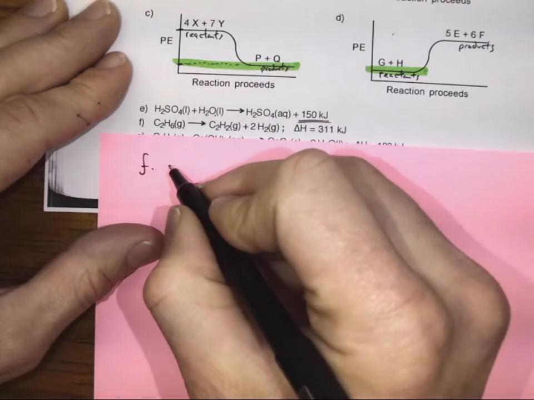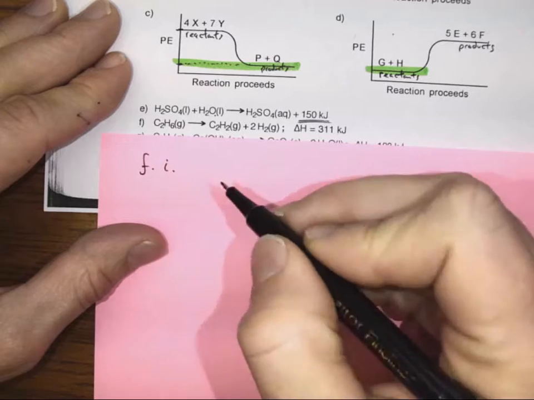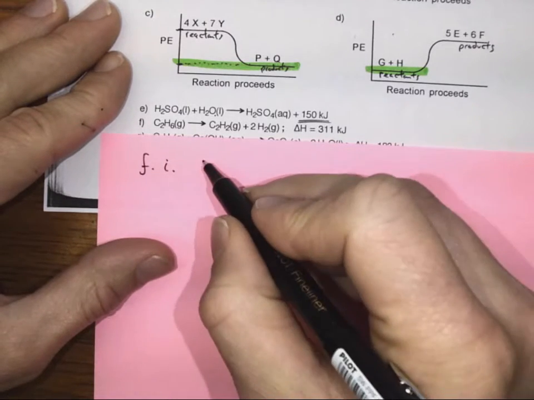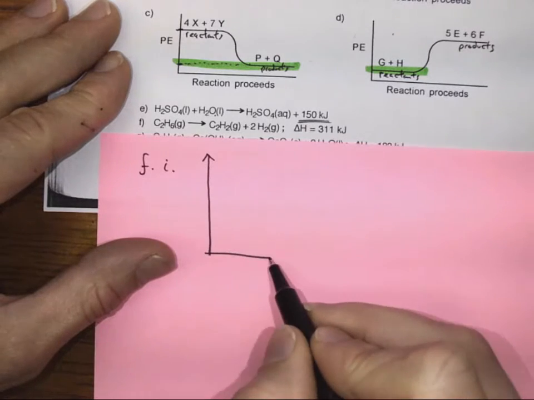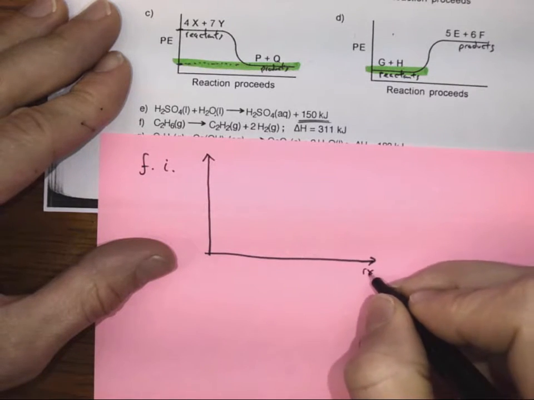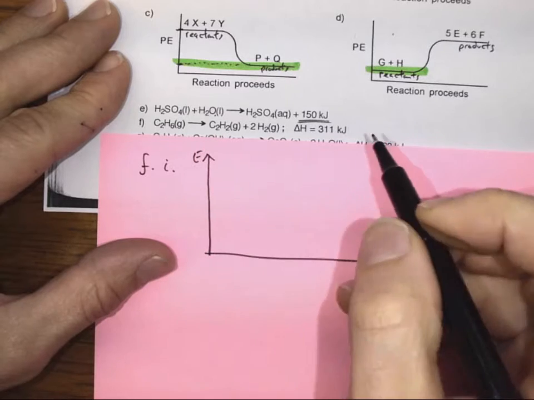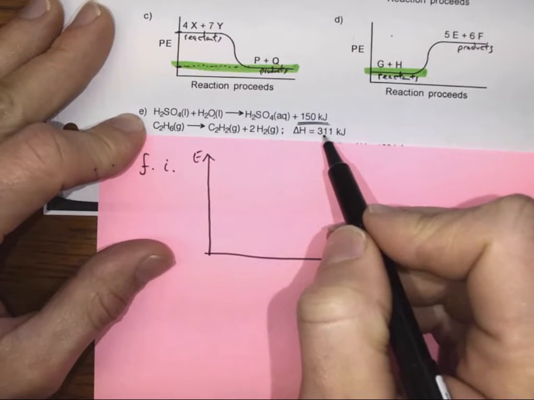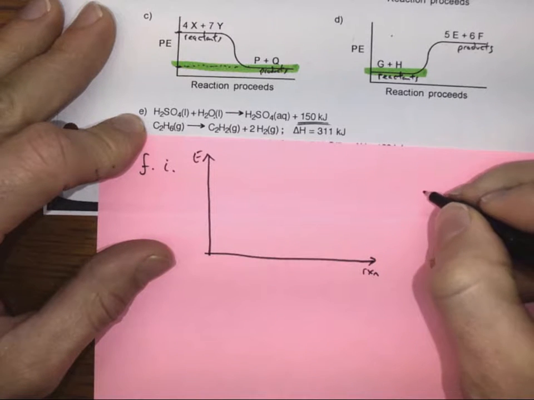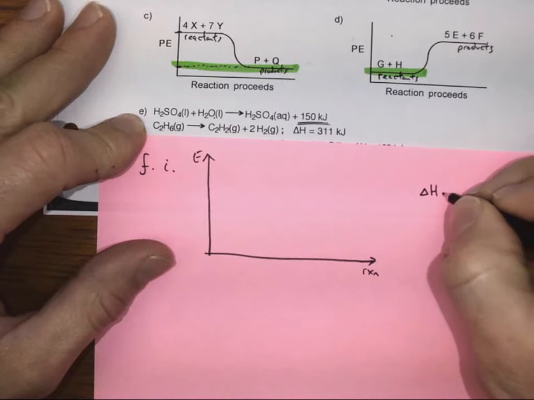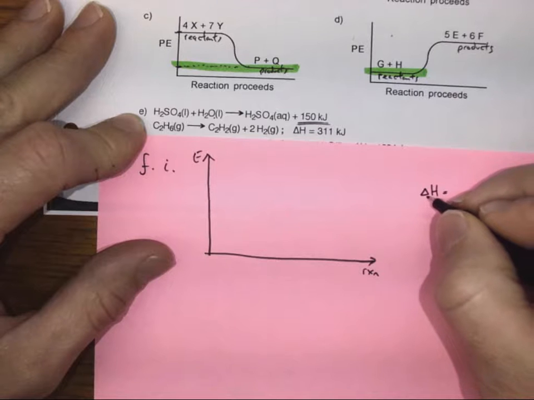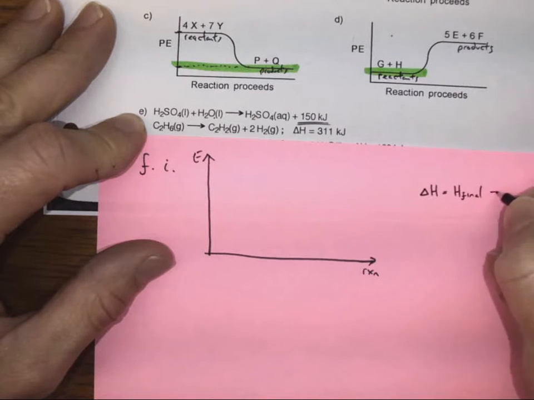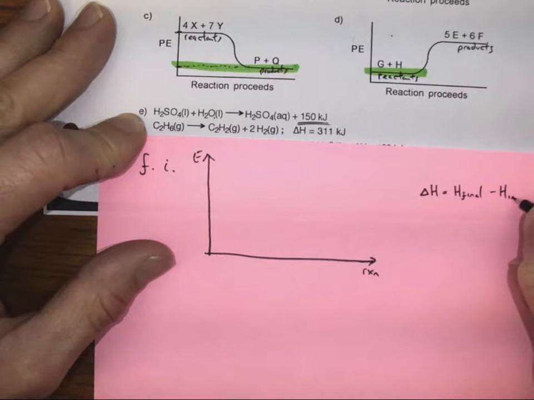All right, so we'll start with part I, which asks about enthalpy. I think it's good to draw an energy diagram. That helps me think about it at least. You can choose whether to do this or not. It looks like the change in enthalpy is 311 kilojoules. So what does that mean? How do you get a positive change in enthalpy? You will remember that a change in enthalpy means your final enthalpy minus your initial enthalpy.